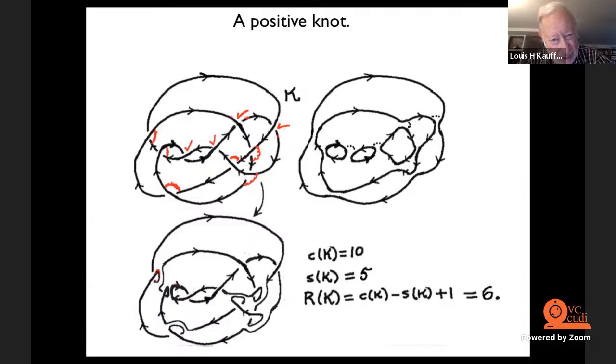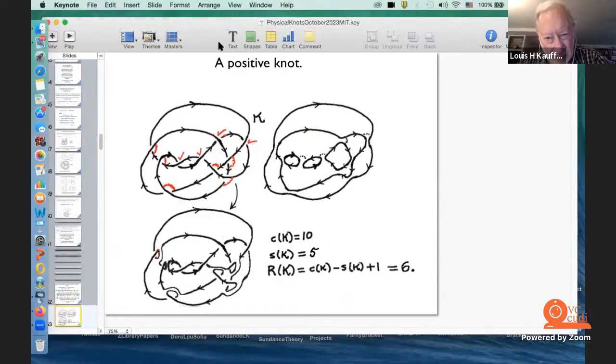So here's our positive knot for purposes of illustration. And here are the Seifert circles. All the way to the Seifert circles, of course, I'm unlinked, but this is very inefficient, because I could have connected these up.